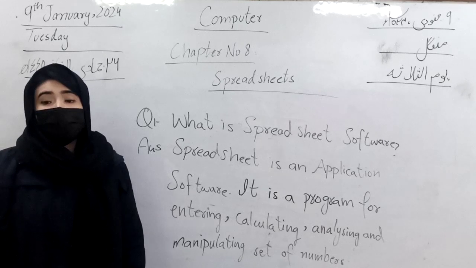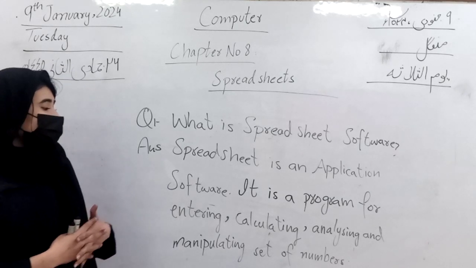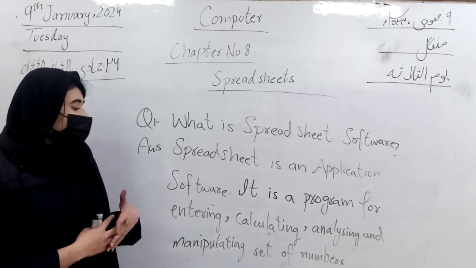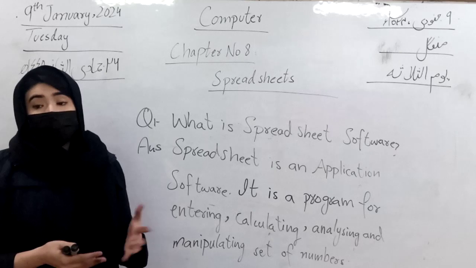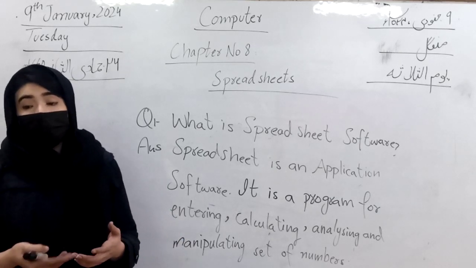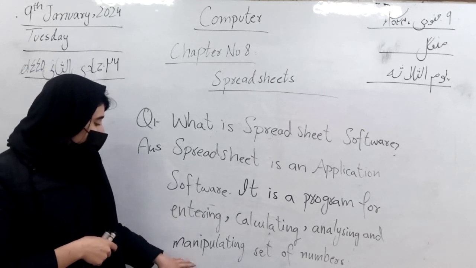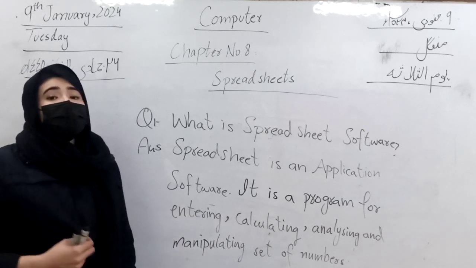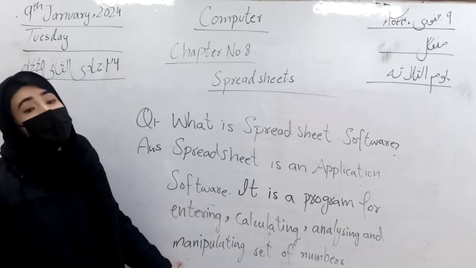Yes, very good. Analyzing means that you are going to examine something, whether it is correct or not, or whether the results are according to what you want or not. Then manipulating.